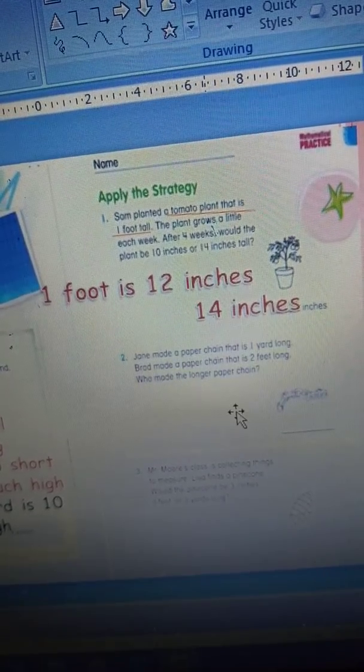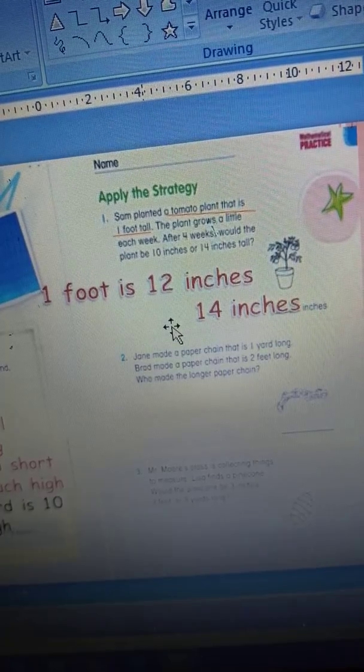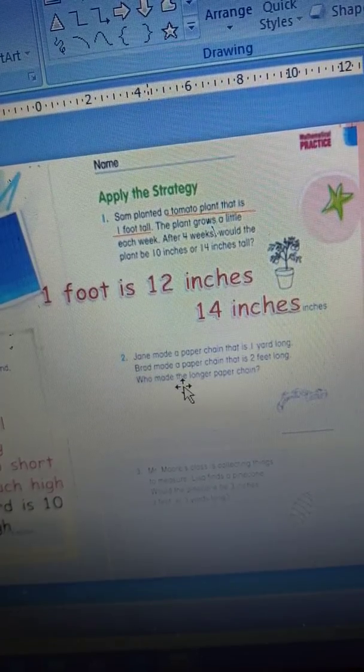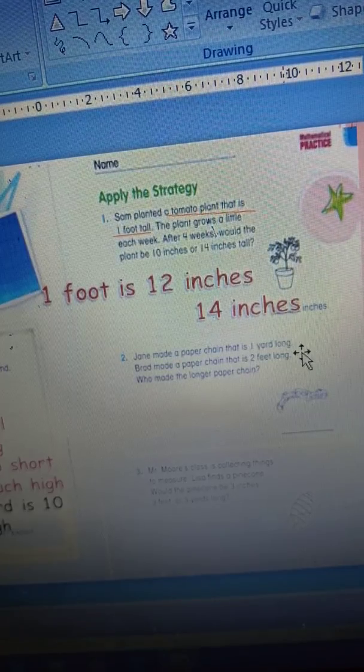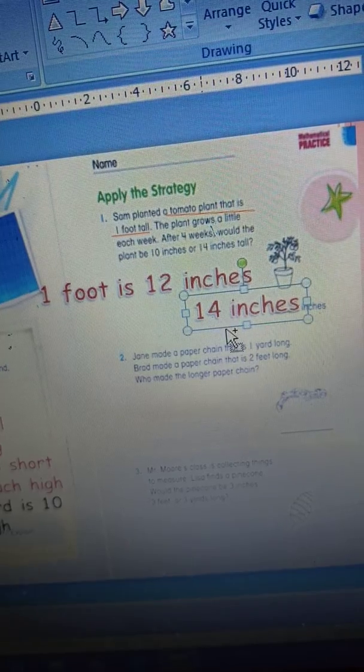Okay, clear? Now, let's have another. Jane made a paper chain that is 1 yard long. Brad made a paper chain that is 2 feet long. Who made the longer paper chain? First, we will know.